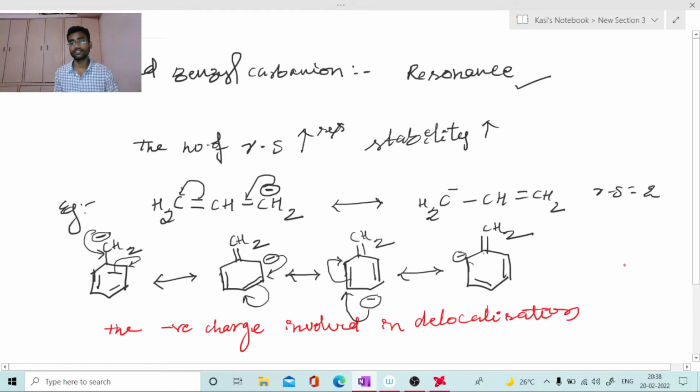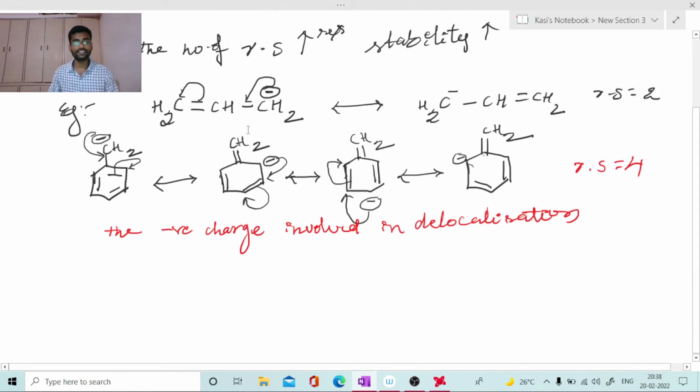That's why the benzyl carbanion has four resonating structures. Similarly, the next one, the diphenyl carbanion, has seven resonating structures.